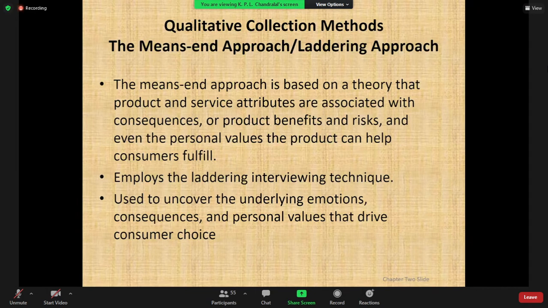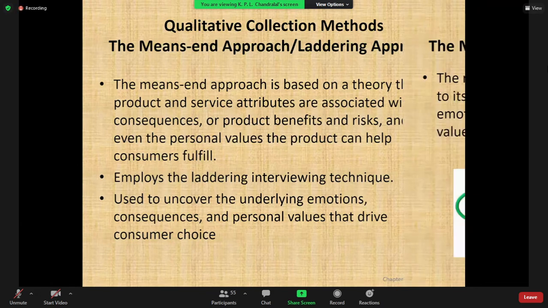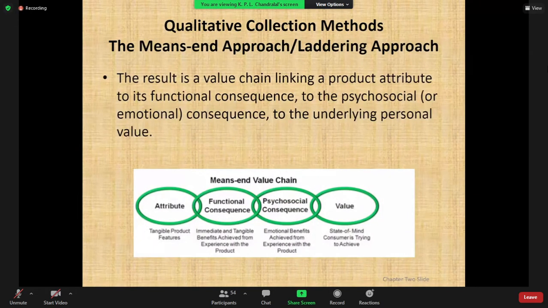This is used to uncover the underlying emotions, consequences, and at the end, personal values that drive consumer choice. So let's take an example. The result is a value chain linking a product attribute to its functional consequences.